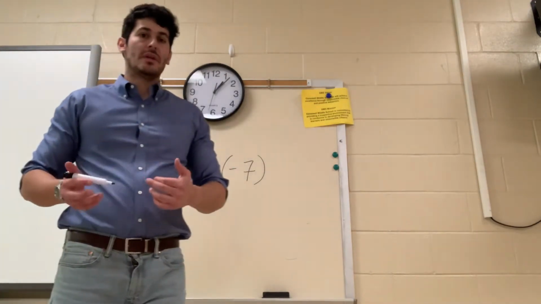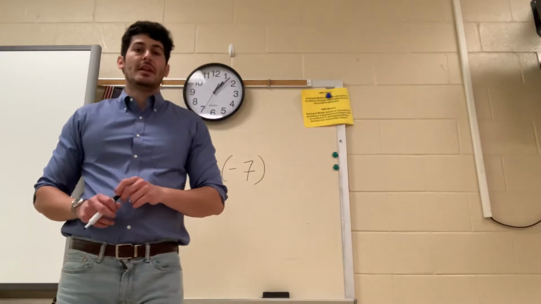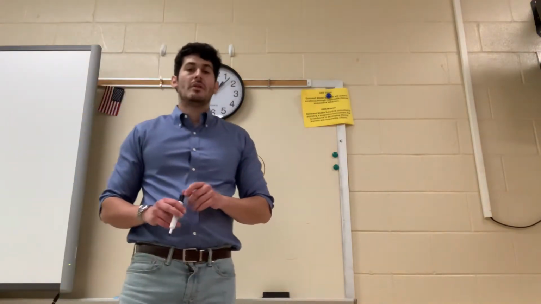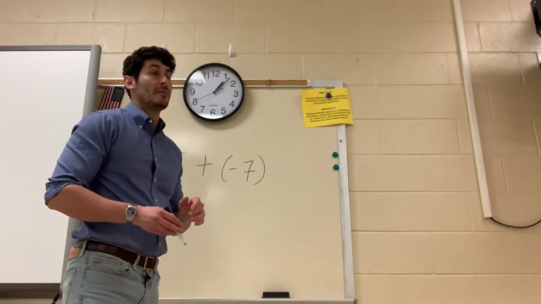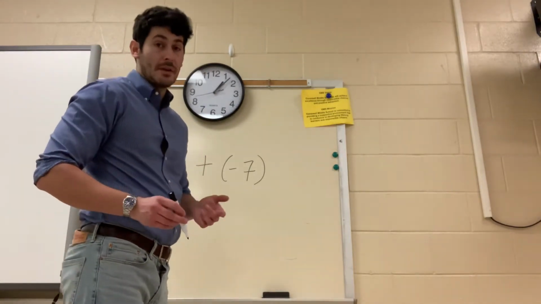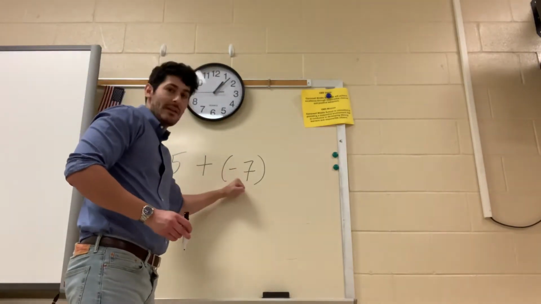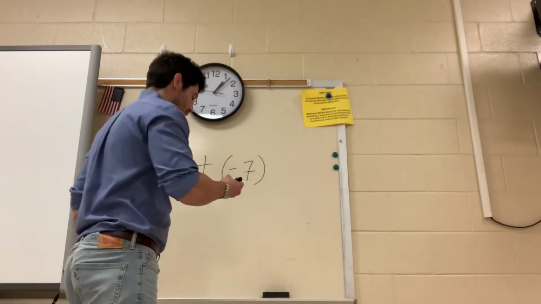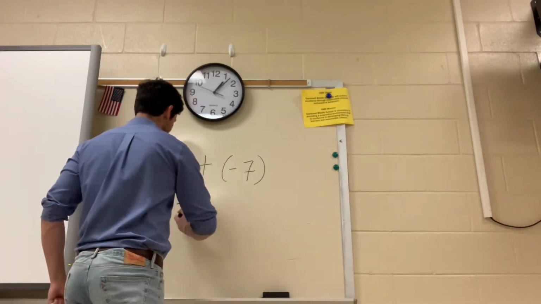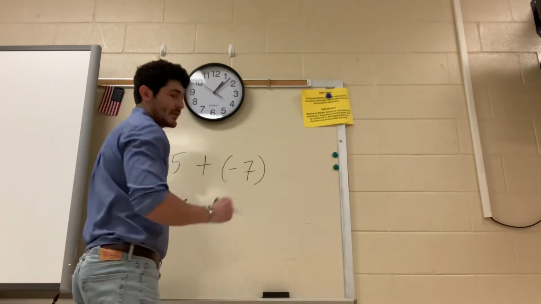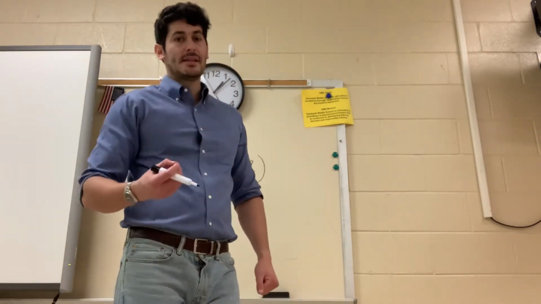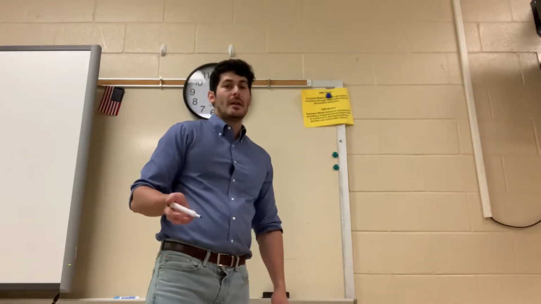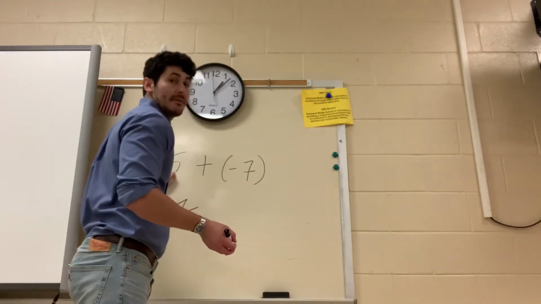So here's how we do it. There's two possible methods that you can use. The first one is you pick the bigger number, or I should say the number with the bigger absolute value. In this case, it's 7, okay? So write 7. And then we subtract the other number with the less absolute value, in this case 5.